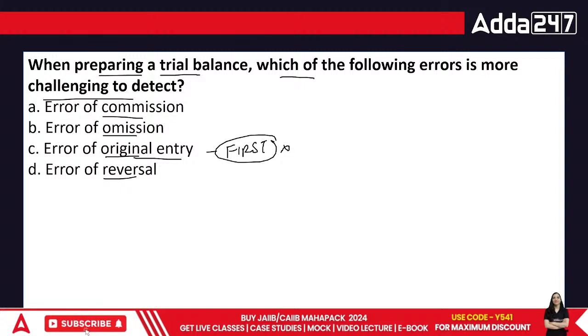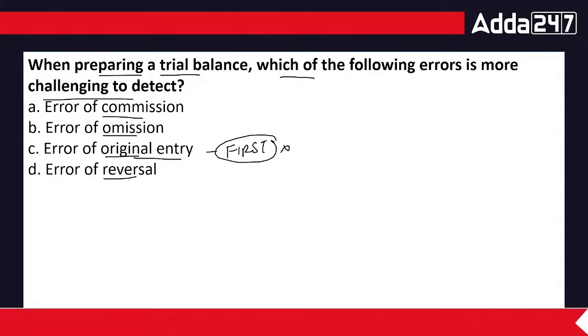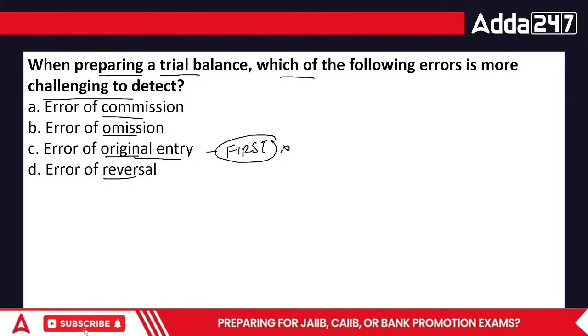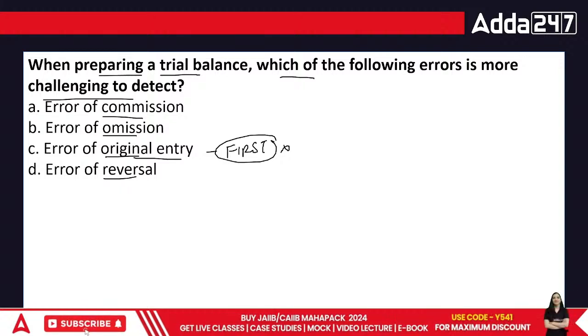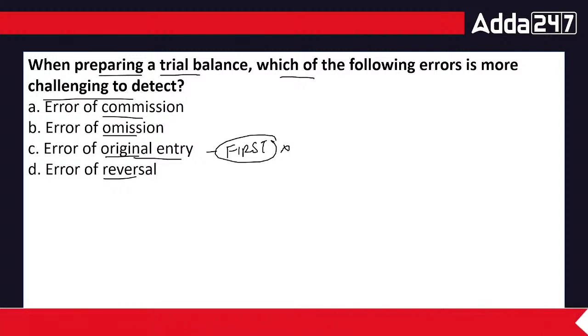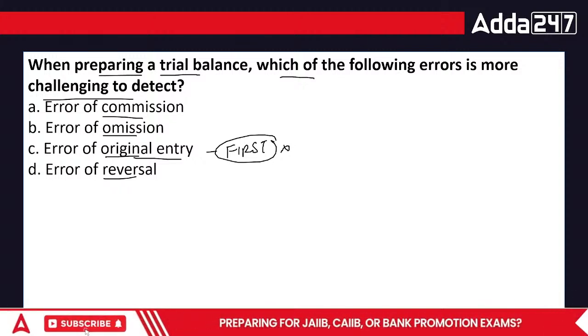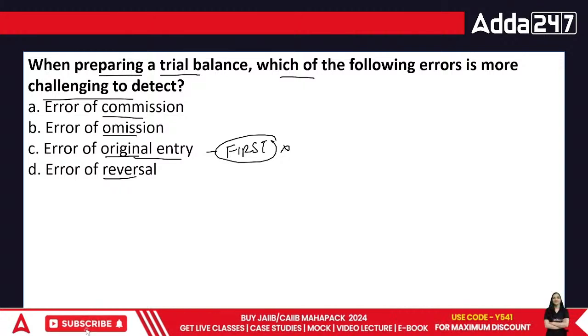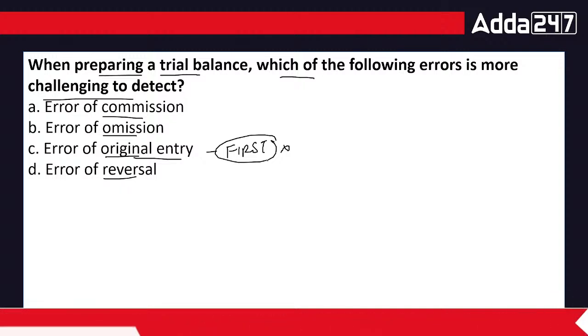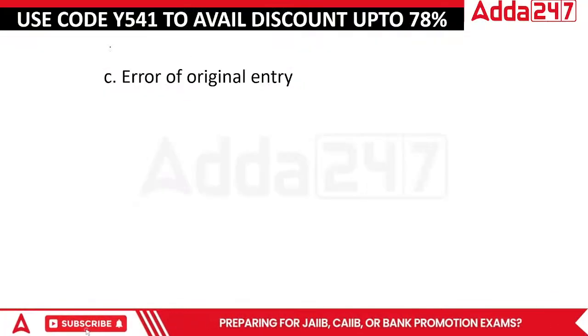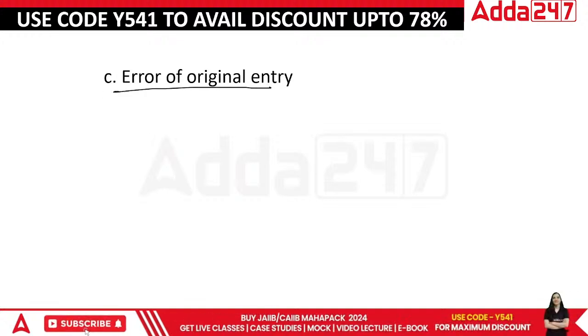In an organization, the error which is there in the very first position, that means when you are recording it in the books of accounts, then everything goes down the drain. So in this case, the correct answer is error of original entry. If the beginning part is wrong, then the entire thing is wrong.